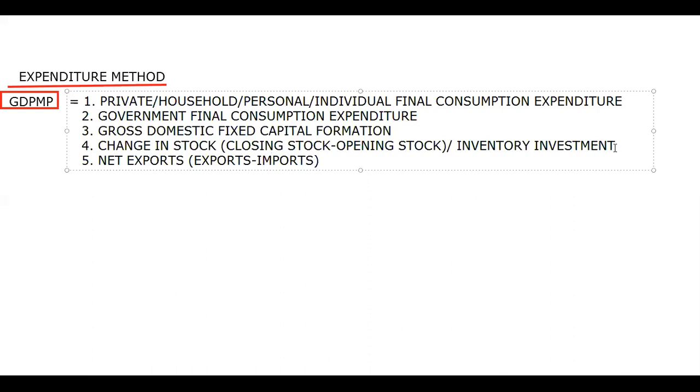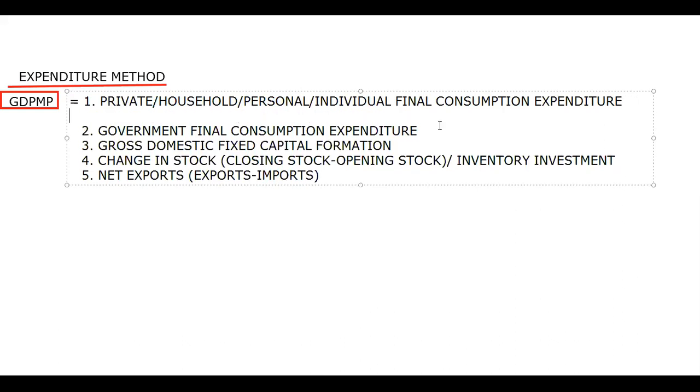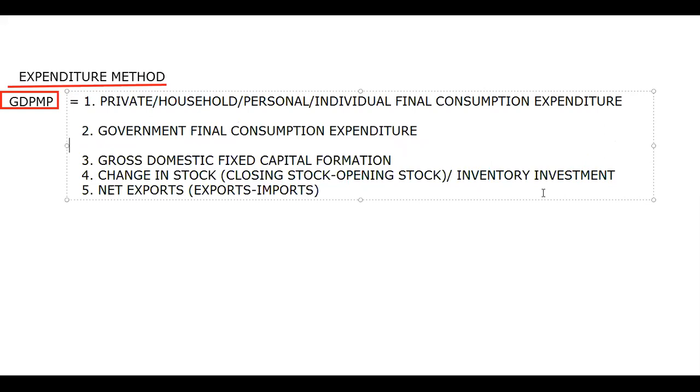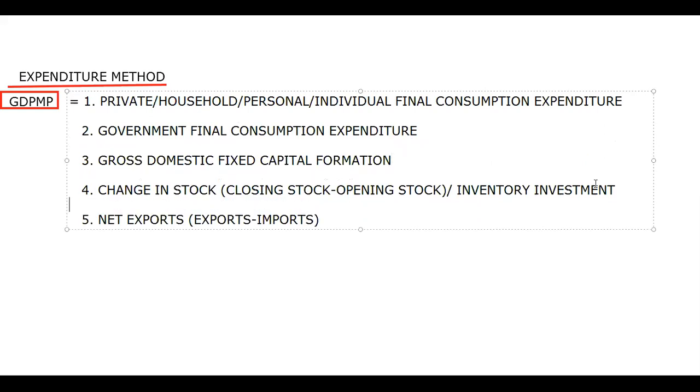That means whenever we need to calculate any aggregate by the expenditure method, we can easily calculate that aggregate by adding up these 5 elements. इन 5 elements को हम add करेंगे, and once we add all these 5 elements together, we will simply get the GDP MP.